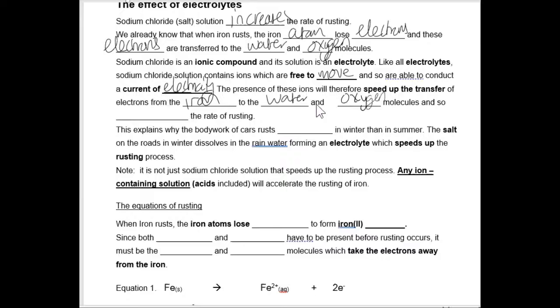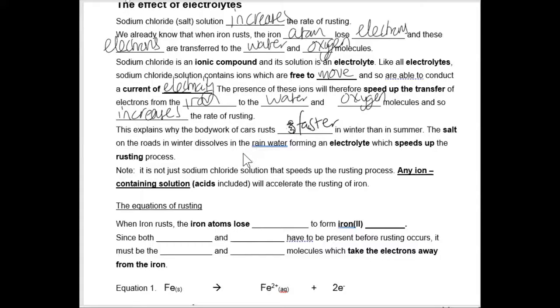If you've written metal to water and oxygen molecules, it's fine. And so it increases the rate of rusting. This explains why the bodywork of cars rusts faster in winter than in summer. The salt in the roads in winter dissolves in the rainwater, forming the electrolyte which speeds up the rusting process.